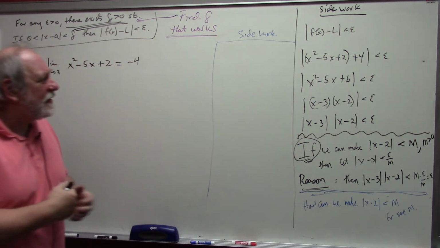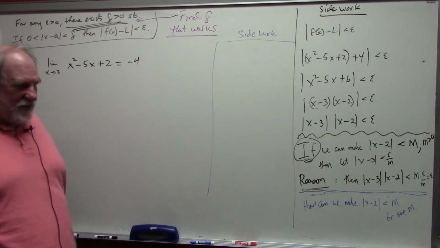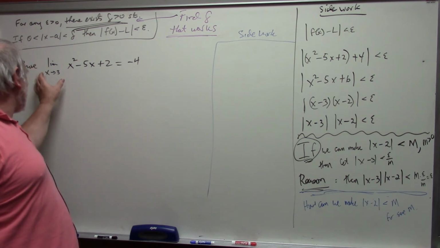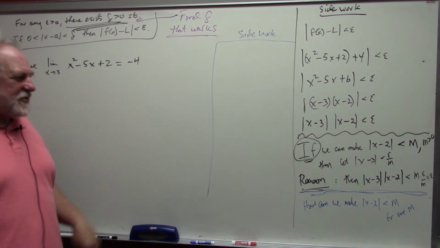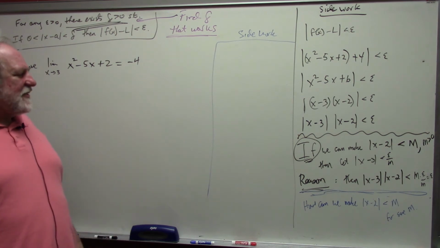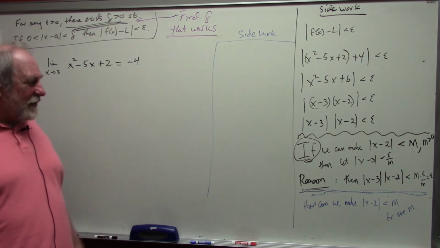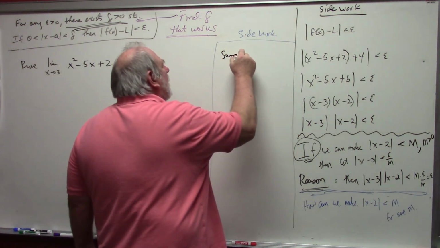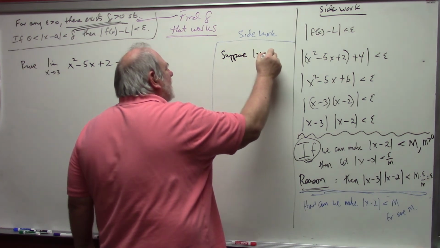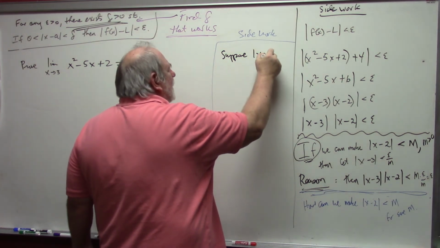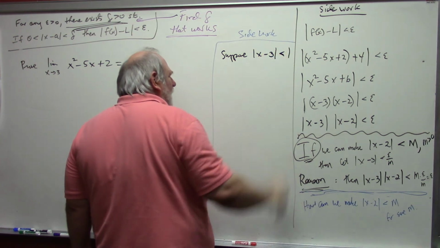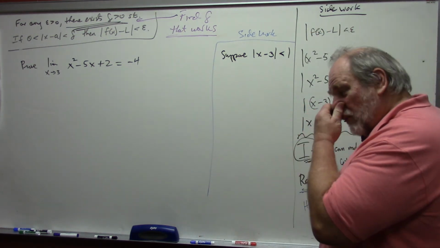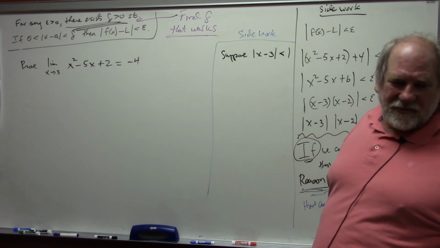What we're going to do is restrict the values that we care about in the first place. Remember, we're trying to see what happens as x gets close to 3. So let's not let x get very far away from 3 to begin with. Let's suppose the absolute value of x minus 3 is less than 1. In other words, I'm taking a distance from 3 of 1. We're only going to consider values where the distance is less than 1.